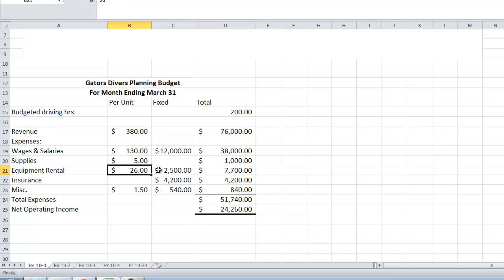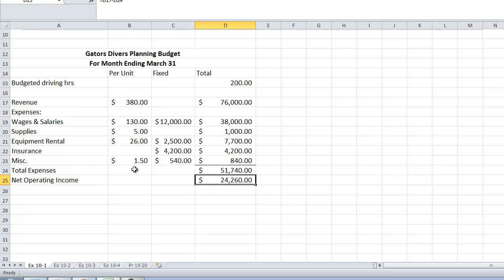Equipment rental is $26 per unit plus $2,500. Insurance is all fixed at $4,200. And miscellaneous is $1.50 variable and $5.40 fixed. So planned budget is $51,740 in expenses for a net operating income of $24,260.